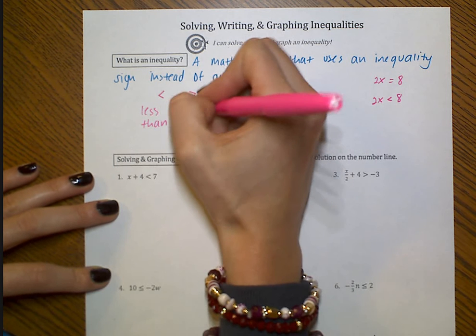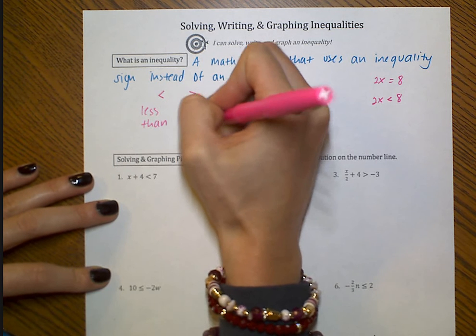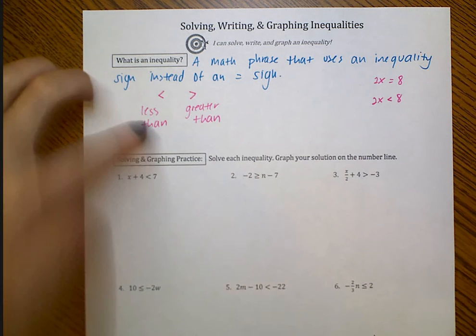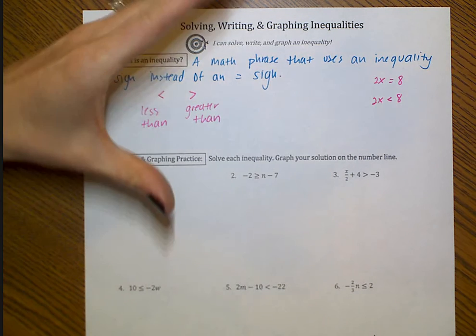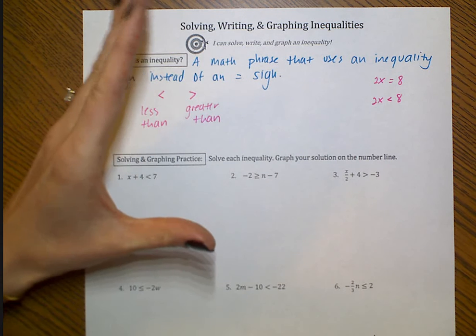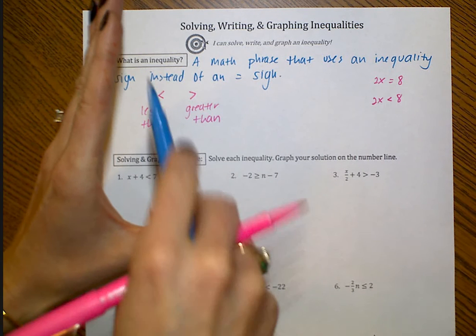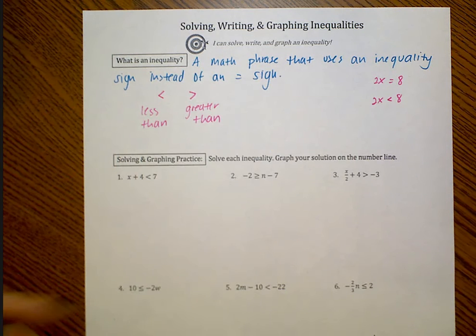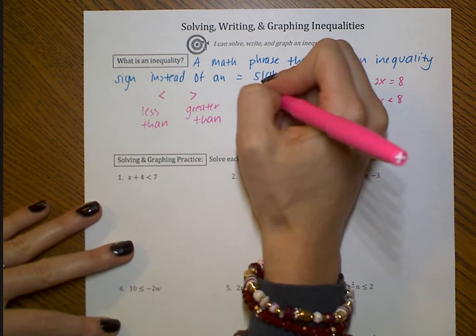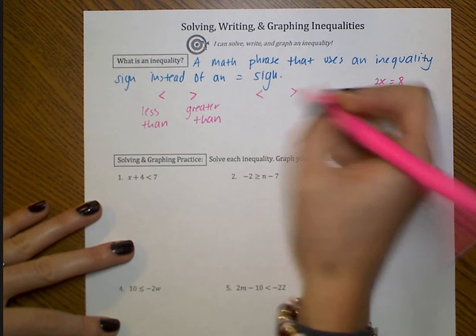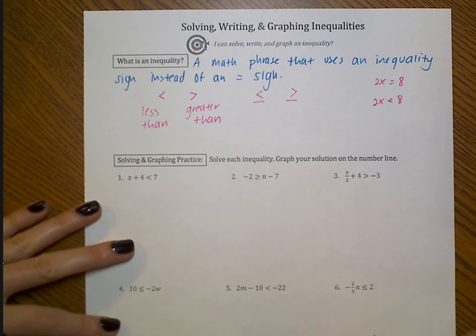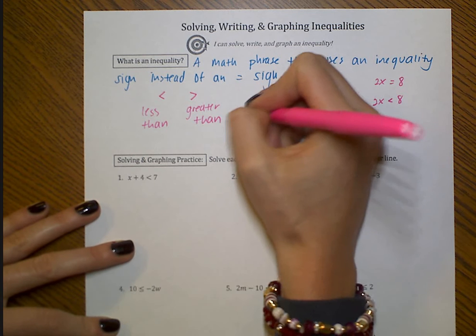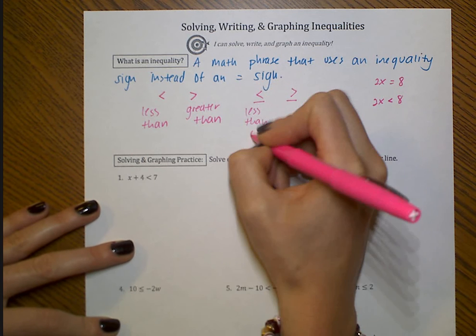This second one is greater than. To keep these separate from each other, a lot of people think the less than's like this. If you turn it like that, it's kind of like an L. So that's your less than. And then you have the two less than and greater than signs with the little or equal to line underneath. So this one is less than or equal to.